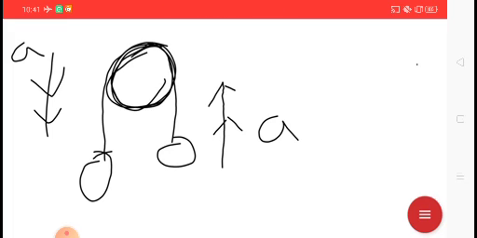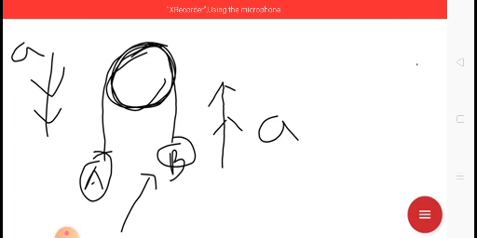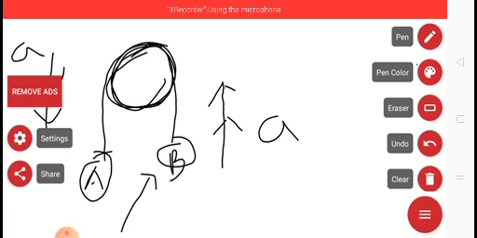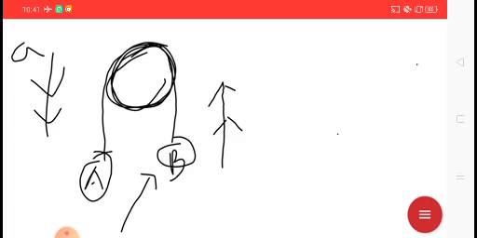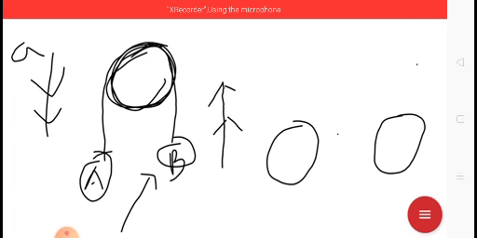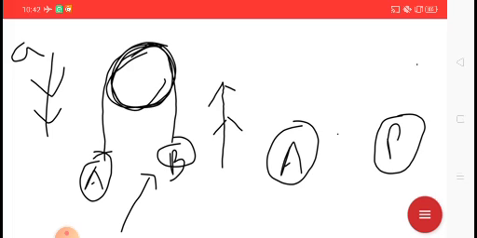In this pulley system, let's say this is A and the second one is B, so you can take A out and separate them into two scenarios, A and B.